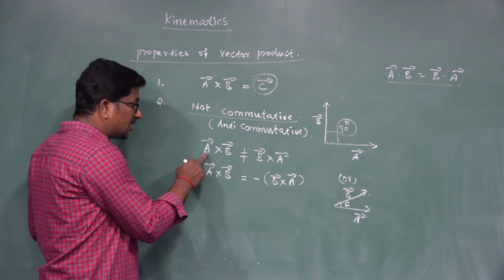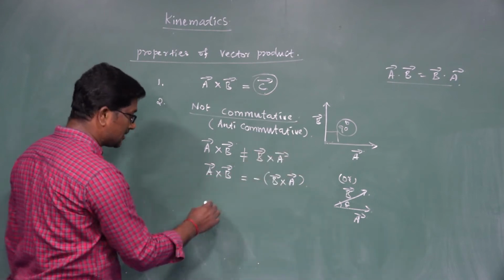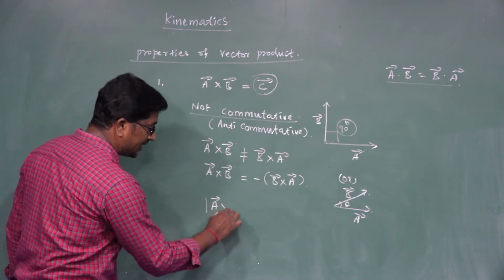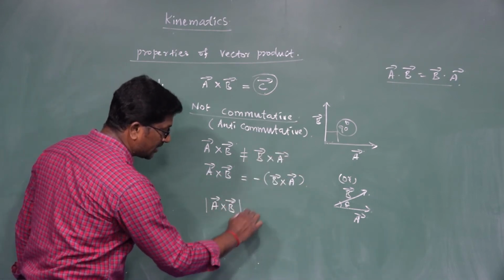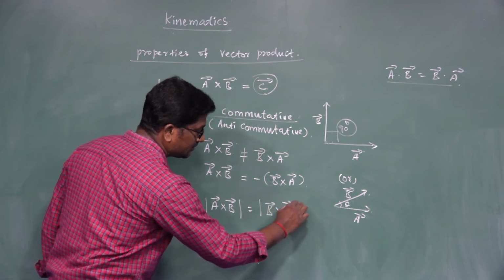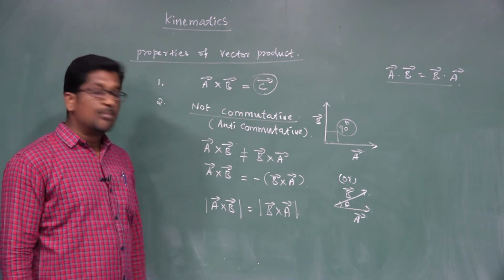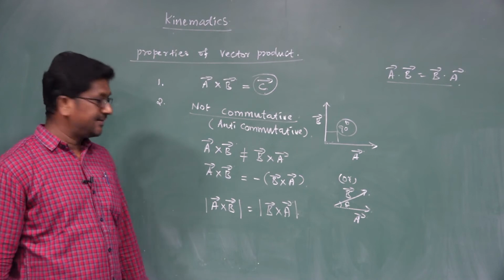Here, A vector cross B vector is not equal to B vector cross A vector, whereas the modulus of A vector cross B vector is equal to the modulus of B vector cross A vector.